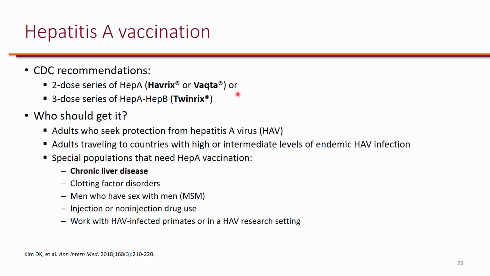And who exactly is the Hep A vaccination indicated for? Basically anyone who wants to get protection can go ahead and get the Hep A vaccination, as well as those who travel to countries which are endemic regions for hepatitis A. But more specifically, special populations have indication for Hep A, which does include chronic liver disease.